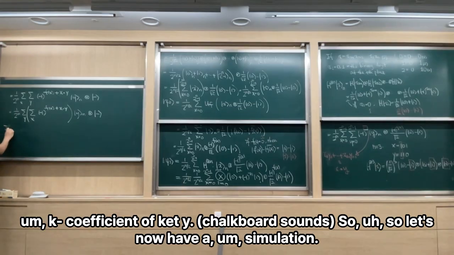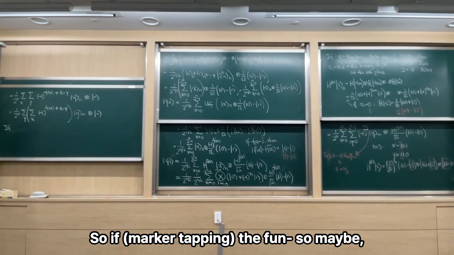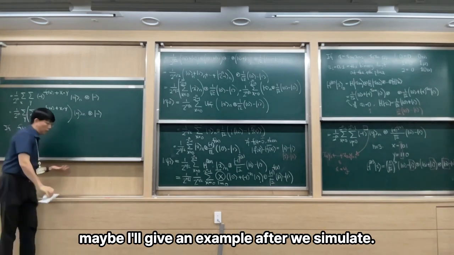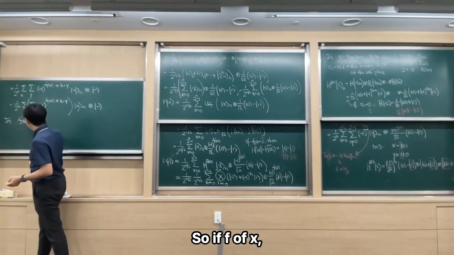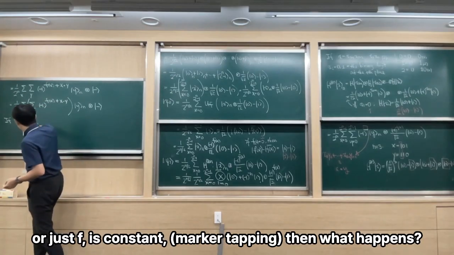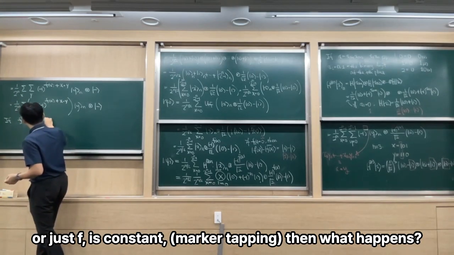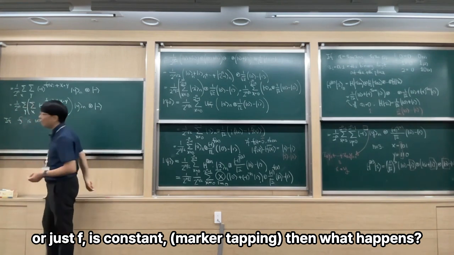So let's now have a simulation. So maybe I'll give an example after we simulate. So if f of x, or just f, is constant, then what happens?